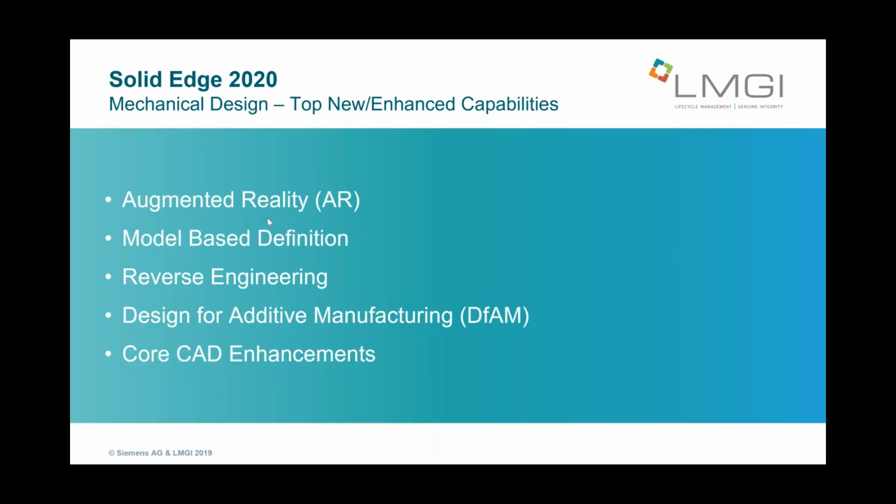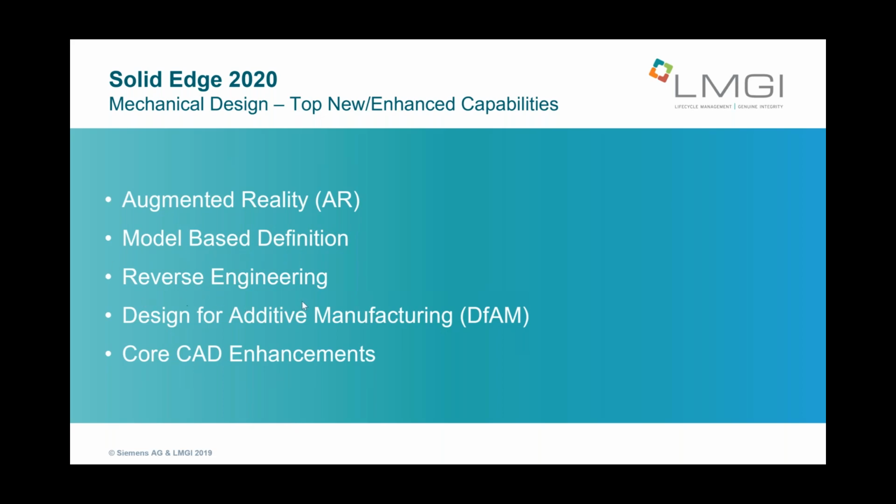So these are the heavy hitters, the top 5 of Solid Edge 2020. One of them is Augmented Reality. They've got a clever way of imposing your 3D models in an augmented reality manner, and I'll show you how that works in just a second. There's the model-based definition stuff, the MBD.